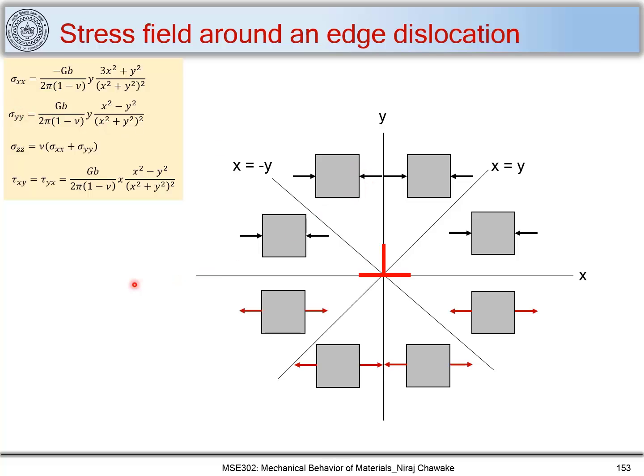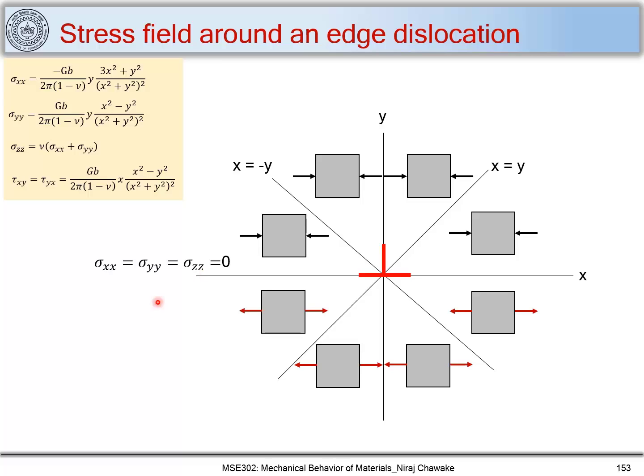But before that, let's mark what happens on this axis. On this axis y is 0, and thus for y equal to 0 you have sigma xx equal to 0 and sigma yy equal to 0. That means sigma zz is also 0. So on this axis, sigma xx equal to sigma yy equal to sigma zz equal to 0.